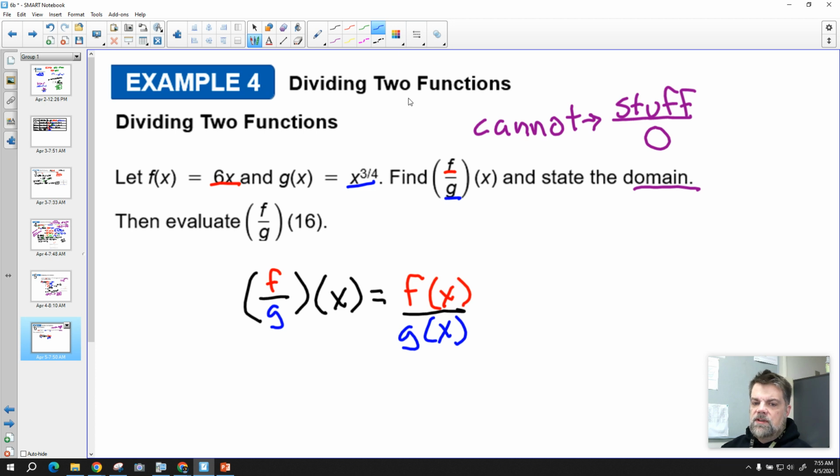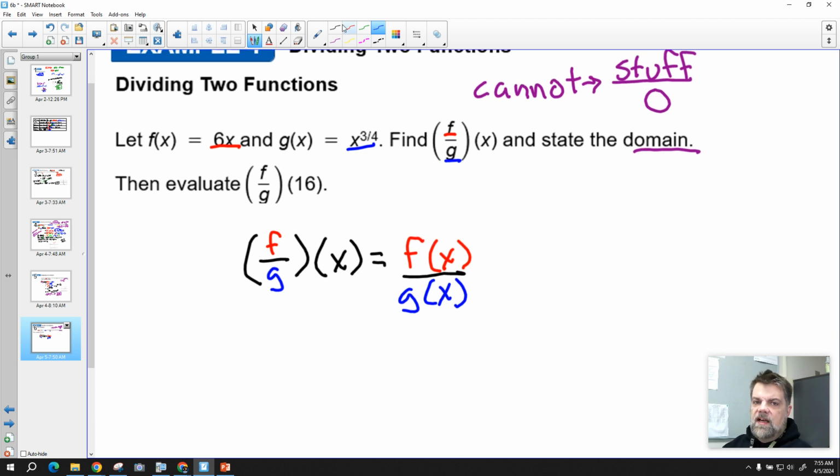Okay? And so then on the next line, we're going to say 6x to the first power divided by g of x, which is x to the 3/4. Okay?